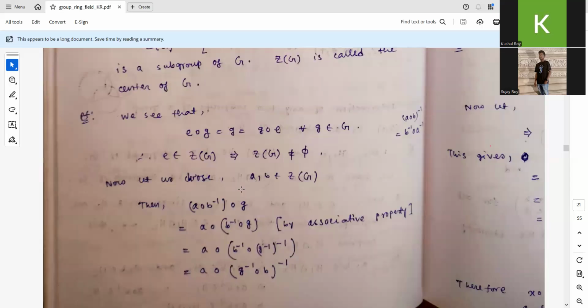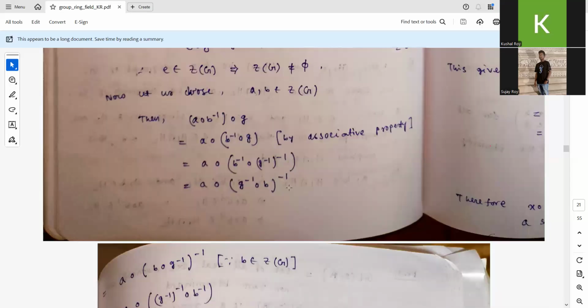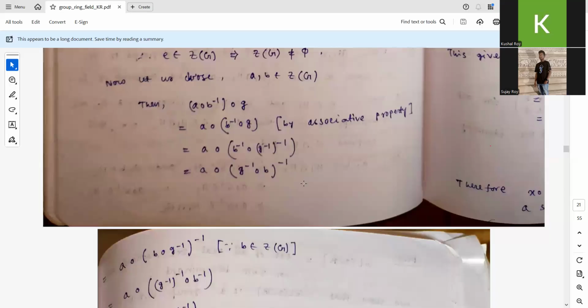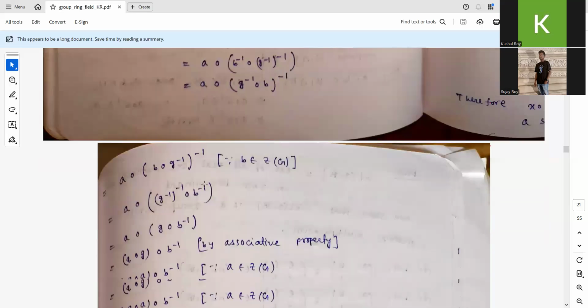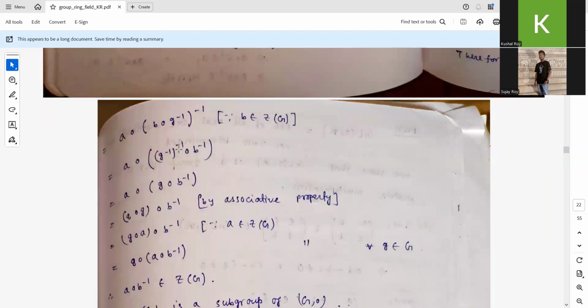We have already taken a and b from ZG. Any element of ZG commutes with each and every element of G. That means b also commutes with g inverse, so we just reverse the order. g inverse composition b will be b composition g inverse. Now we again apply a composition b inverse equal to b inverse composition a inverse. So this will be g inverse whole inverse composition b inverse, that means g composition b inverse. So a composition g composition b inverse.